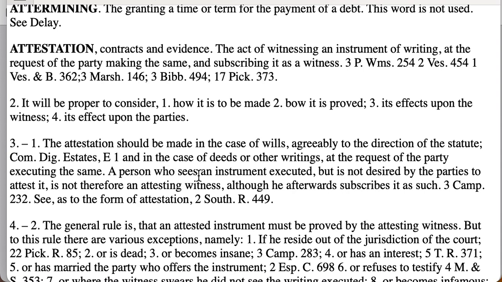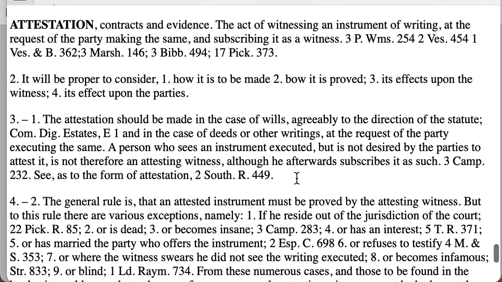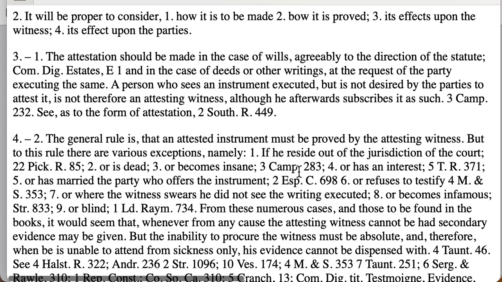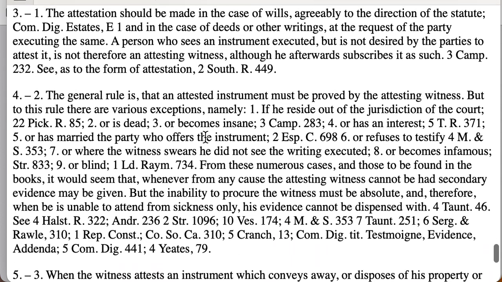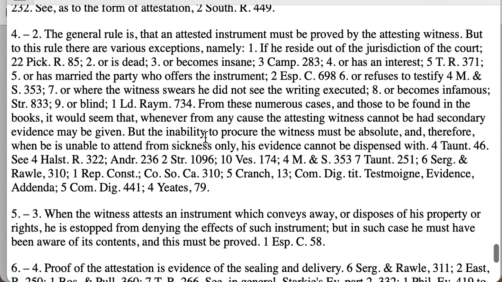A person who sees an instrument executed but is not desired by the parties to attest it is not therefore an attesting witness, although he afterwards subscribes it as such. So they're basically saying that, I get what they're saying, but we don't have to go into that. So we see what an attestation is. There's another definition I've seen. It doesn't show up in here, but it talks about attestations and government officers, etc.